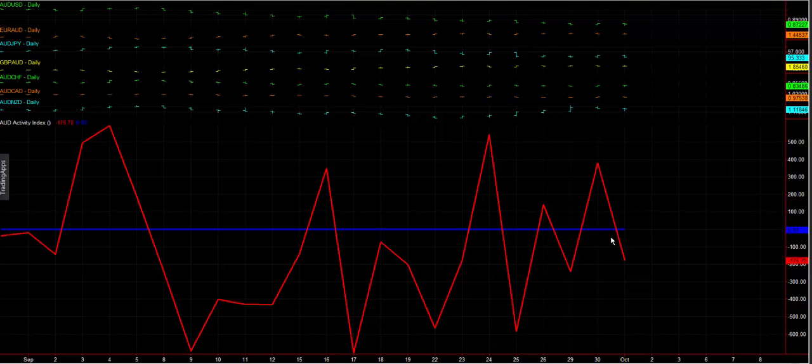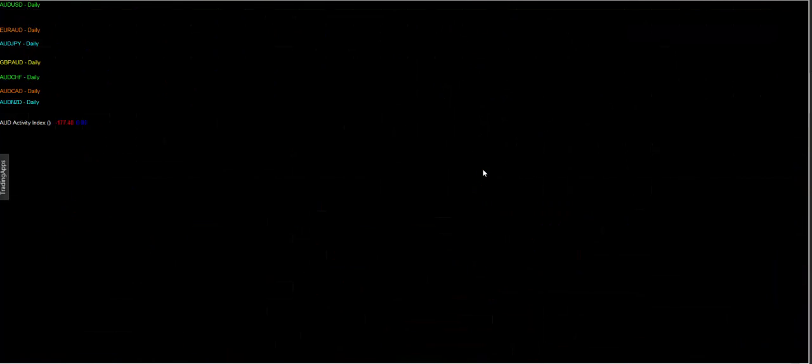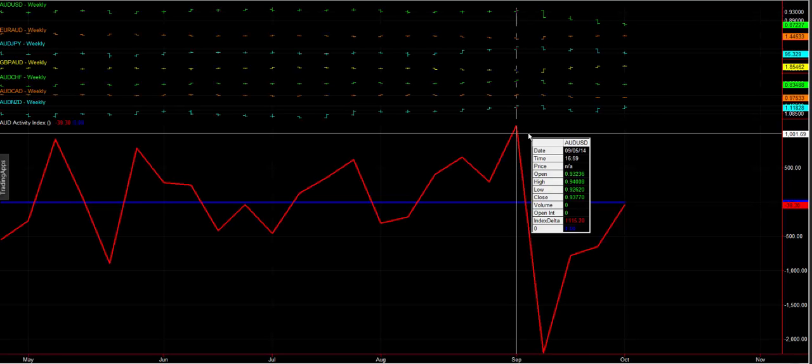Australian dollar, we have no real discernible trend right now on the daily chart. We had quite a sizable period of weakness here during September, but in recent days we have cut some of those losses. Weekly chart may be a little bit easier to see.